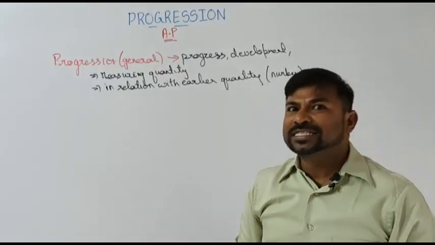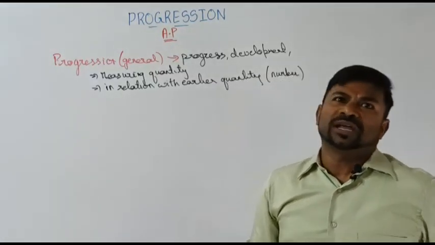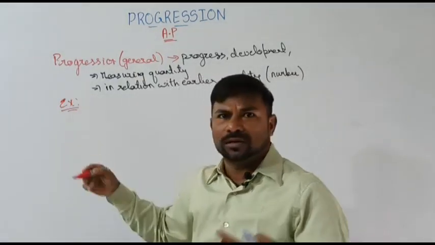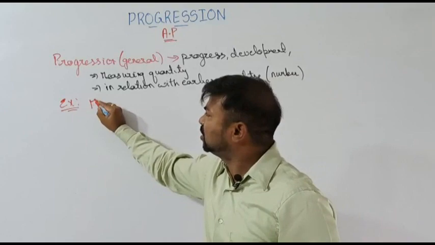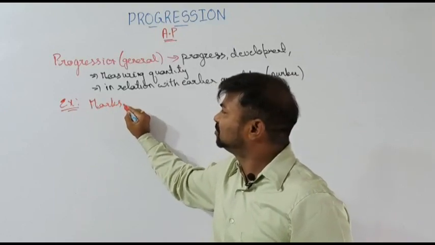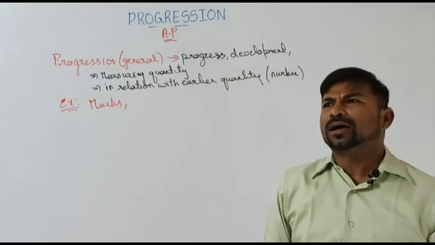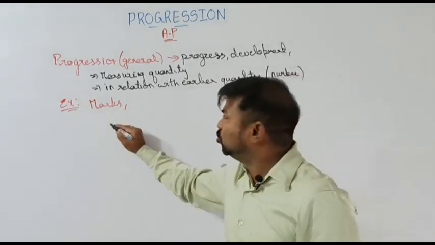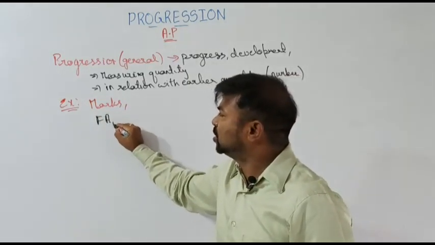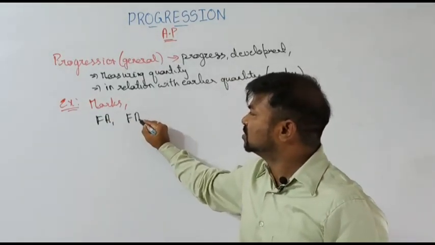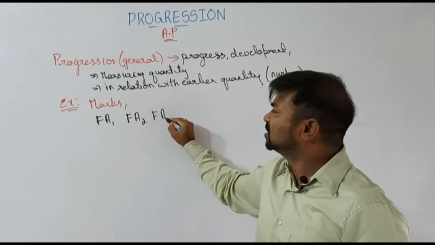Okay, so let me take a general life example. Let me take your marks. I like to take the marks of yours. For example, in your formative 1 or any examination, you got marks in formative 1, formative assessment 2 and formative assessment 3.